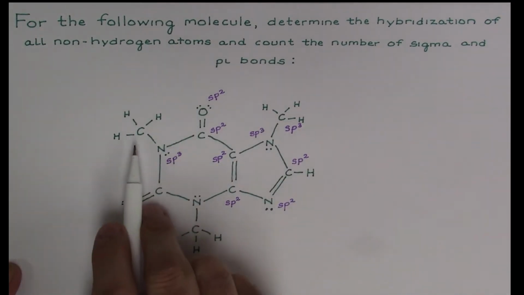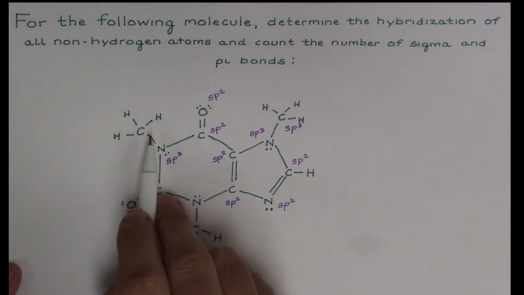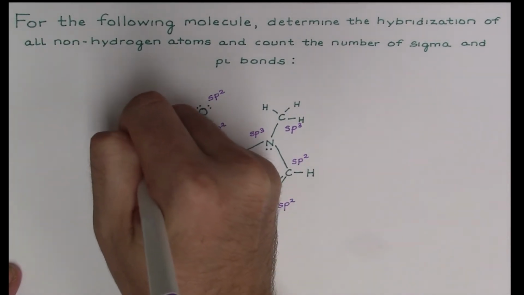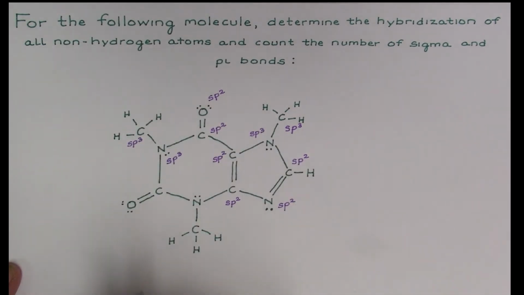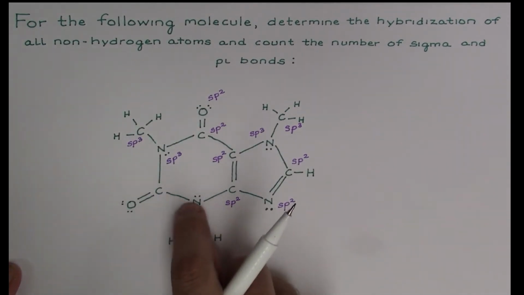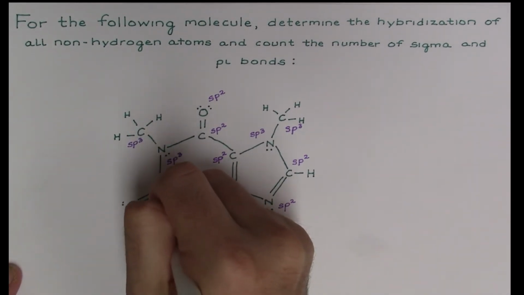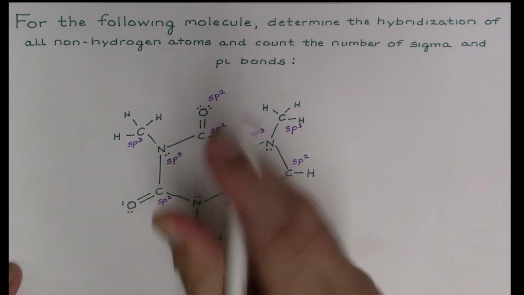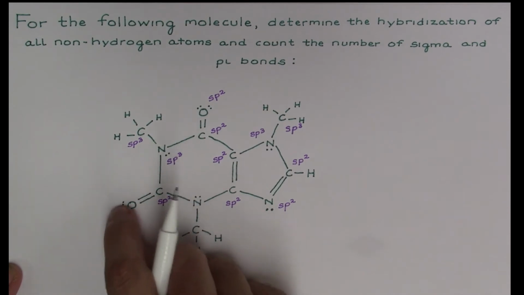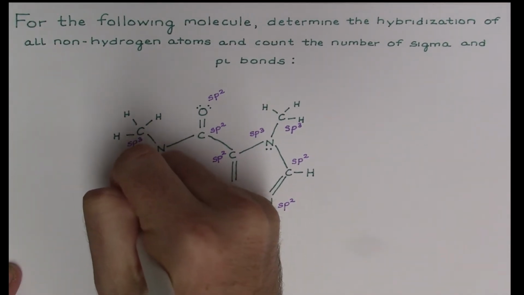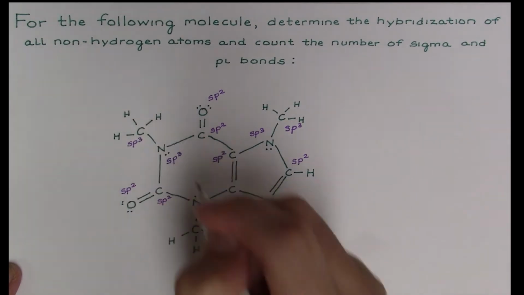For our outer carbon, it has 4 attachments. This means it will be tetrahedral in molecular geometry, making this sp3 hybridization. Our carbon here has 3 attachments, the double bond being 1 attachment. This will be sp2. Our oxygen, having 3 attachments, 2 being lone pairs and a double bond, will also be sp2.